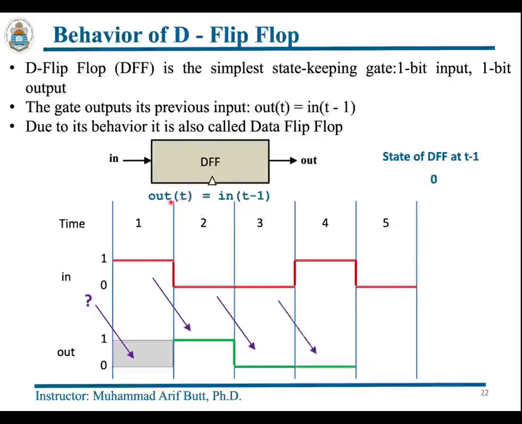Similarly, at time 5, the out at time 5 will be the in at time 4. So you can observe we have a 1 over here because we have a 1 at time 4 at input. So once again, we need to move one bit of information from time t minus 1 to time t, and we are quite much successful in it using the D flip-flop.